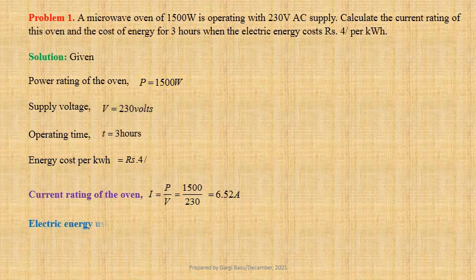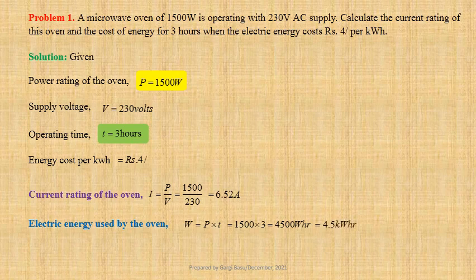Electric energy used by the oven W = P × T. Using values we get 1500 × 3, that is equal to 4500 watt hours or 4.5 kilowatt hour. Cost of electric energy = rupees 4 × 4.5, that is equal to rupees 18.